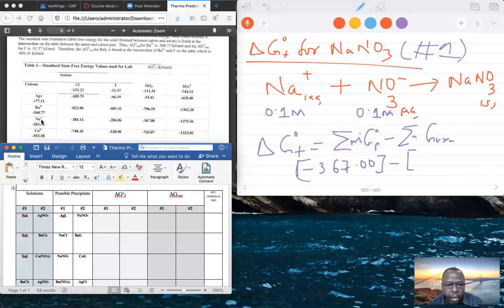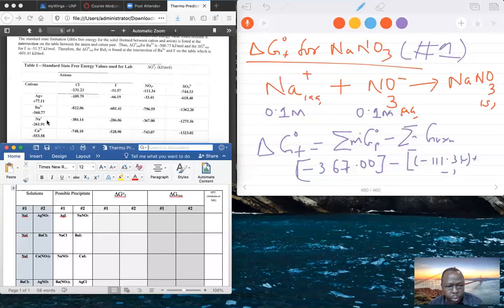Minus, if I look at nitrate, for nitrate alone, you look at negative what? That is negative 111.34, plus sodium alone here is negative what?